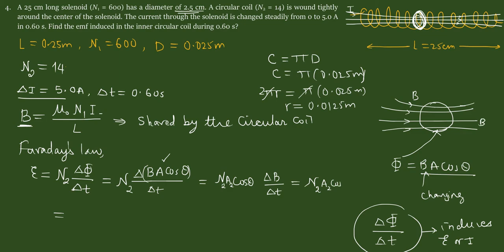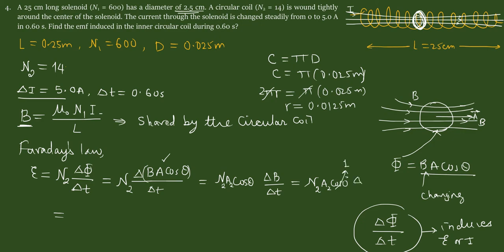Magnetic field is pointing this way, and the area vector is also pointing in the same direction because the area vector is perpendicular to the surface of this coil. So they are parallel. That means cosine theta would be cosine 0 degrees, and the value of cosine 0 degrees is 1.